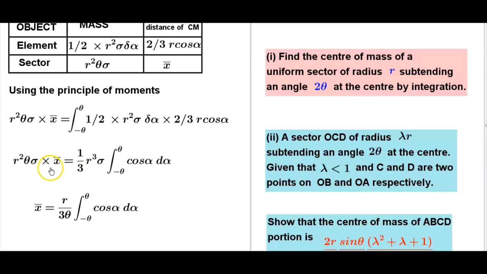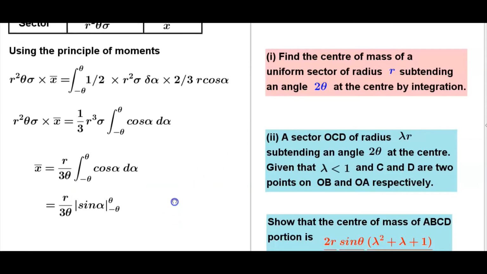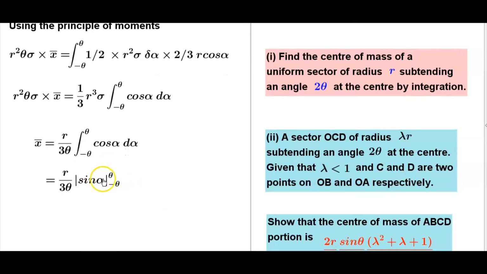So x bar is equal to r over 3 theta into the integration from minus theta to theta of cos alpha d alpha. Now we integrate cos alpha. Integration of cos alpha is sin alpha, with limits minus theta to plus theta. Substitute theta and minus theta, then subtract.